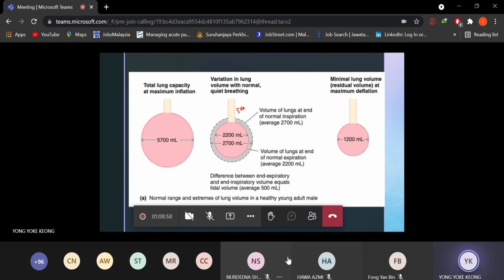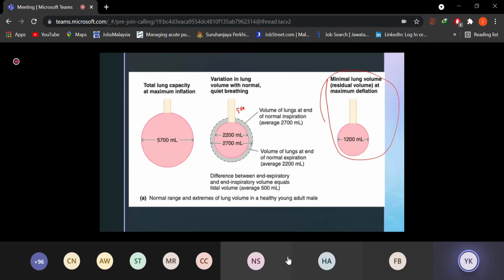This is the minimum lung volume, the residual volume at maximum deflation. You try to exhale as much as possible, but there is still a remaining volume. We call it the residual volume. No matter how you compress your lungs, there is still some air inside your alveoli.